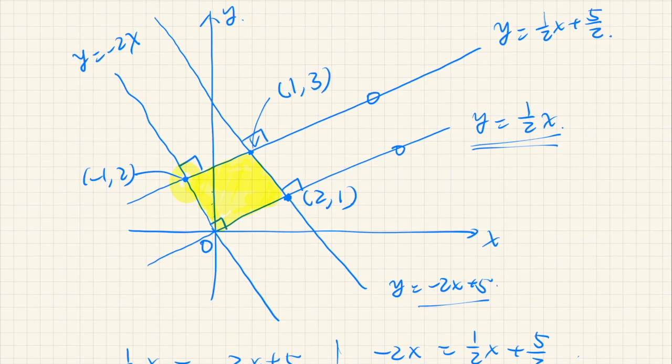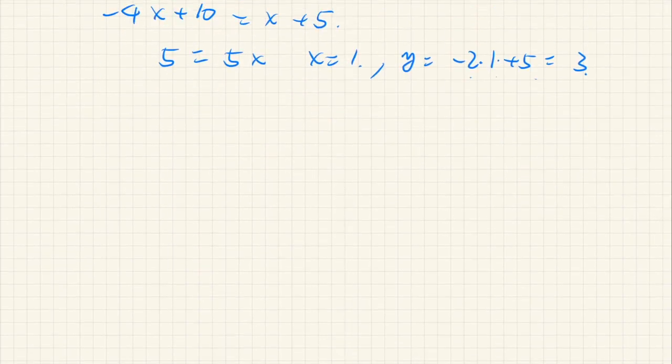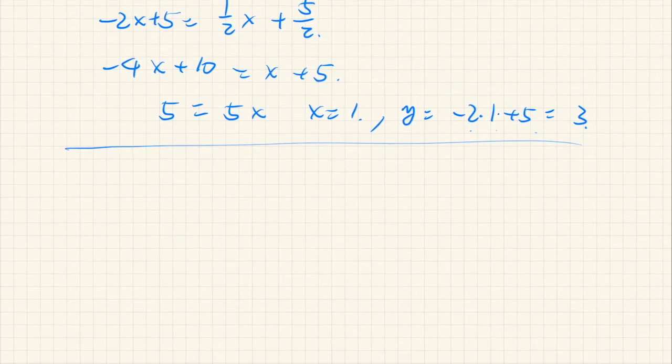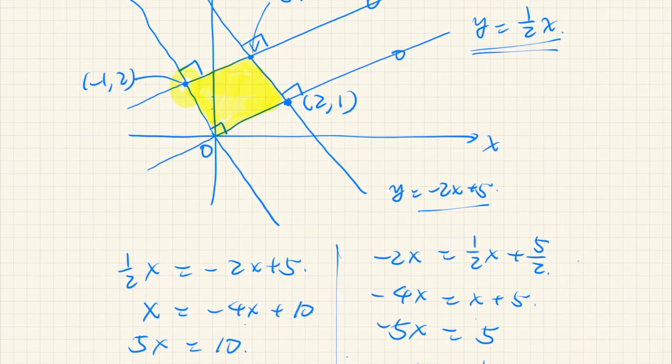Actually, this integral can be computed directly by using an iterated integral. So first we move x from negative 1 to 0. And in this range, y can move between this, right?